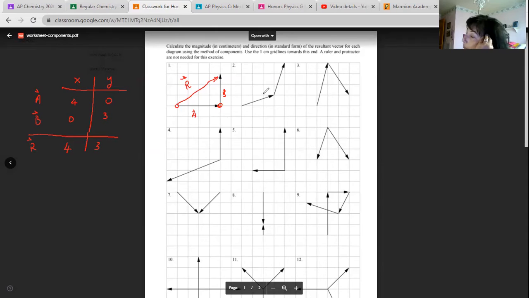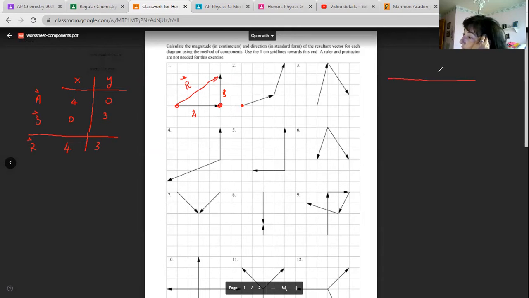Okay, so for the second one, I could start from here anyway. So I'm doing again number 1, but instead of choosing this point as the origin, I'm choosing B as the origin.